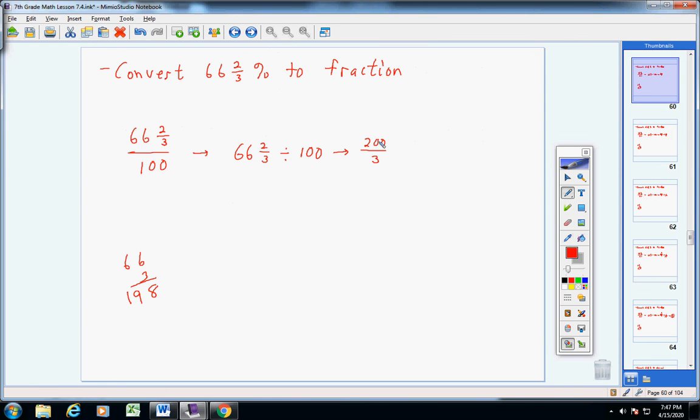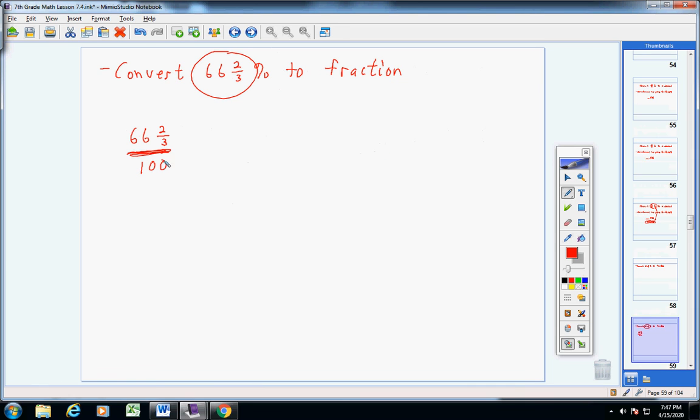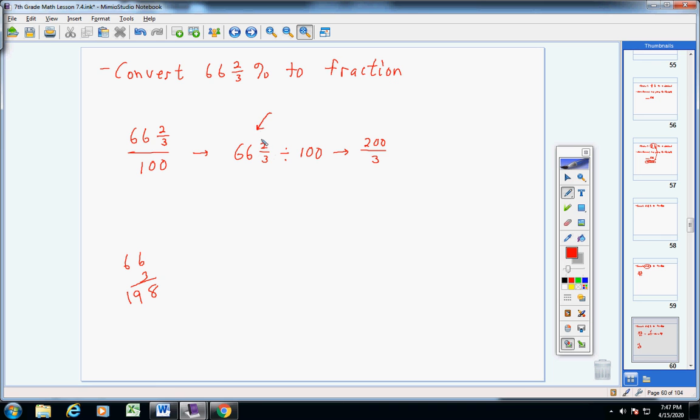Okay, so hopefully we know that this over this means this divided by this, which, if you'll think about this for a second, guys, you can't really divide these if you have a mixed number, and hopefully you know that.